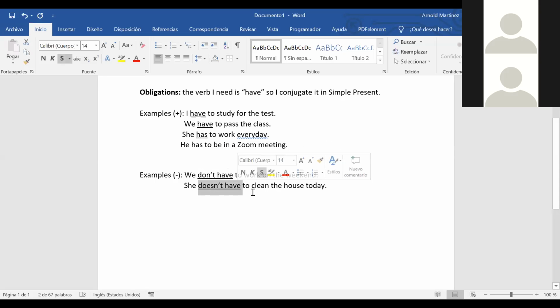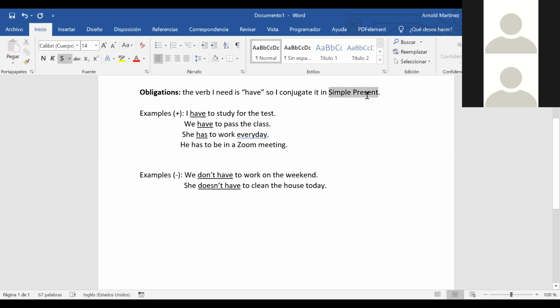Question: why have and not has? That is the structure according to what we were explained. In present perfect it is have or has, but here, in the negative, it is have, because doesn't already fulfills the function. Doesn't absorbs the conjugation, so no has. It has to be in base form because we have simple present.